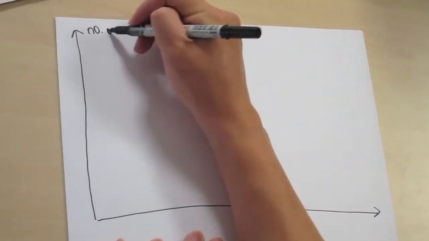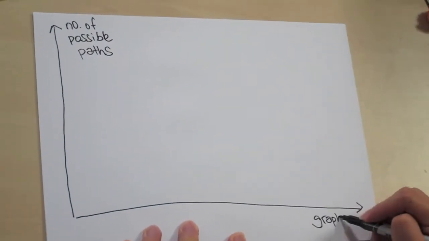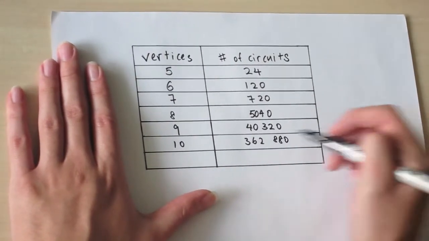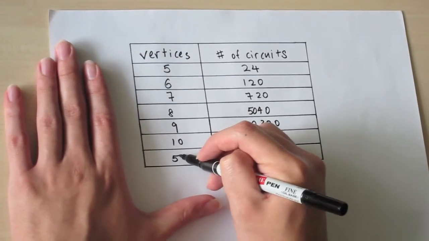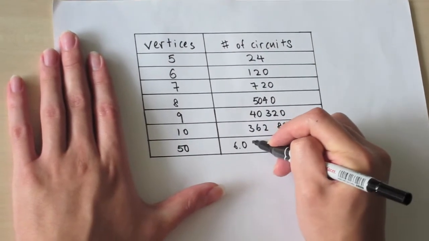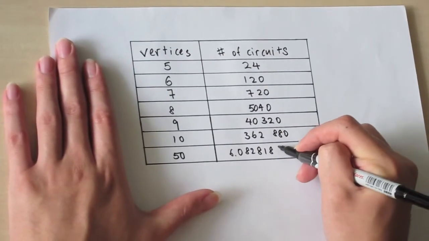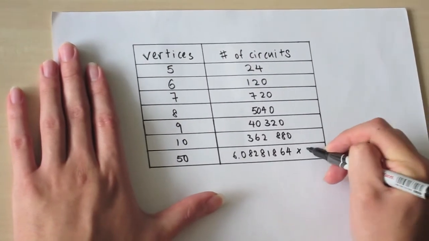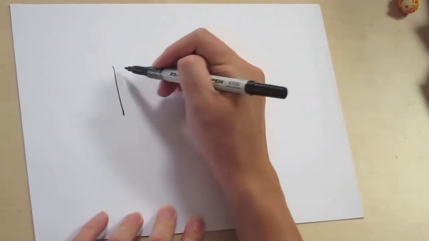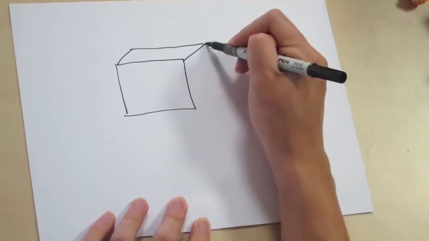We realize that the number of circuits the algorithm has to consider increases exponentially with the number of vertices in the graph. If we had 50 locations the robot had to visit, it would amount to 49 factorial possible circuits, and thus to find the shortest one, the robot will have to compute all 608 novemdecillion paths, that is 6.08 times 10 to the power of 62 paths, and find the shortest one.